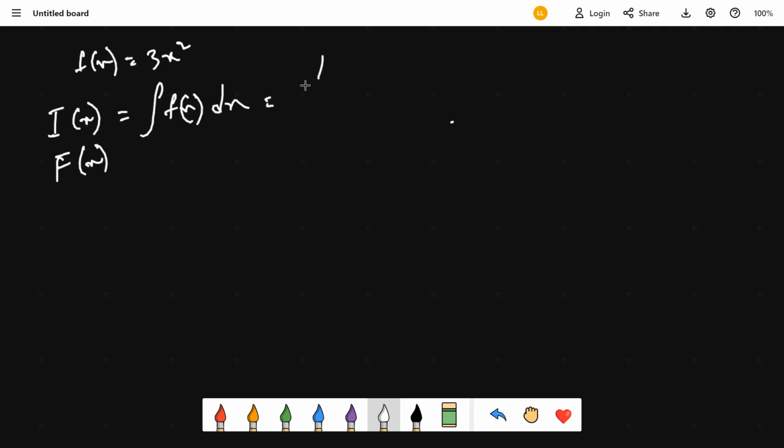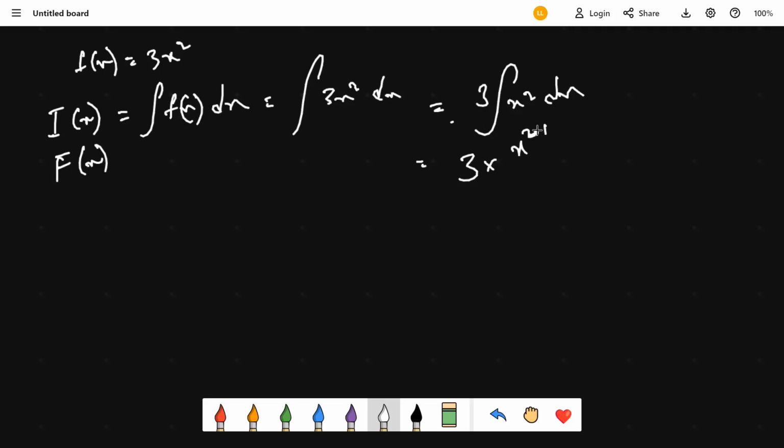Okay. Now, placing that 3x squared inside, since 3 is a constant, we can bring that 3 outside of the integration. Now, finally, if you integrate this, we get what? We get x's power incremented by 1, which is x to the power 2 plus 1. And this power also becomes the divisor in the denominator, which is 2 plus 1 over here.